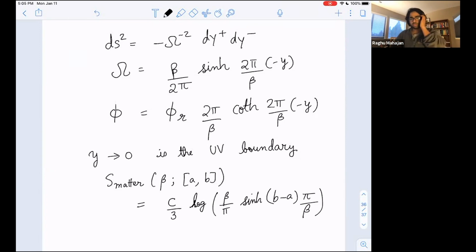Okay, so now we are just going to use all these results and compute where the island lies, what's the entanglement wedge of the radiation, and also compute the final value of the entropy.